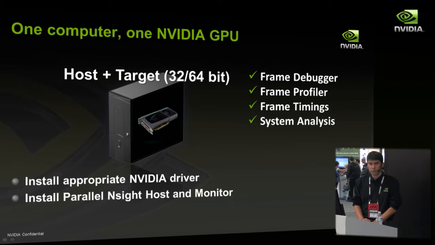Okay, in terms of environments or platforms that you can run this on, all of the analysis features can be run just on the host and the target on one machine. So you only need one GPU, one box, Visual Studio, and your target application, and you're good to go.